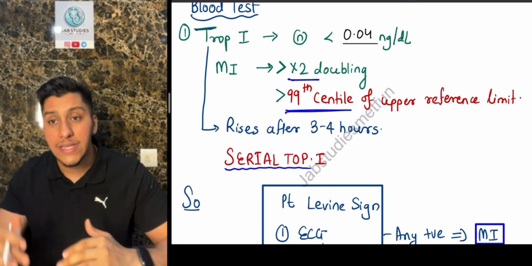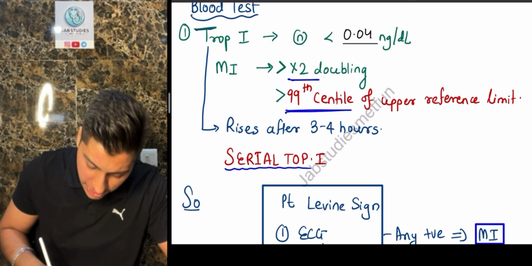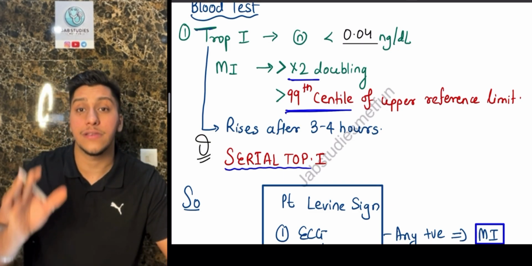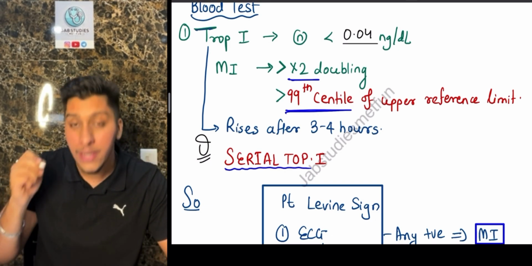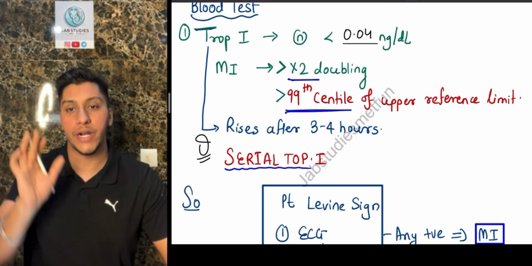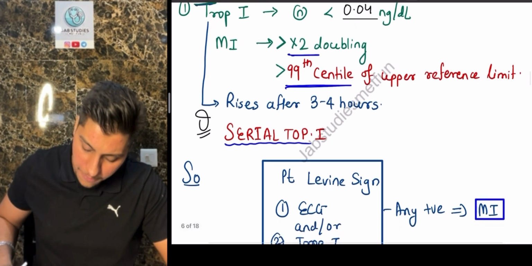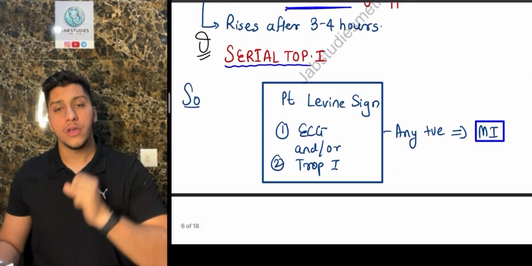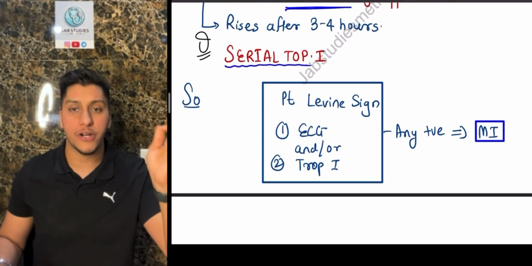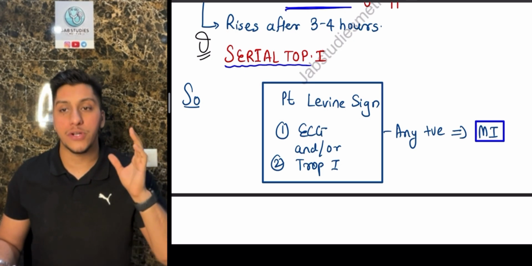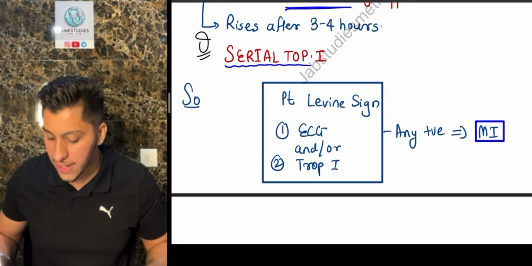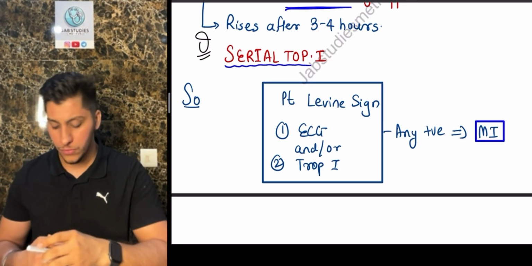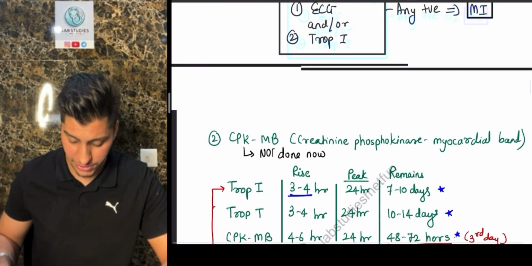You will do it serially. So if they say troponin versus serial troponin, you will have to mark serial troponin test for myocardial infarction. So whenever you have a patient who presents with Levine sign, if you see positive results with respect to ECG or positive results with respect to troponin, you have confirmed the case as myocardial infarction.